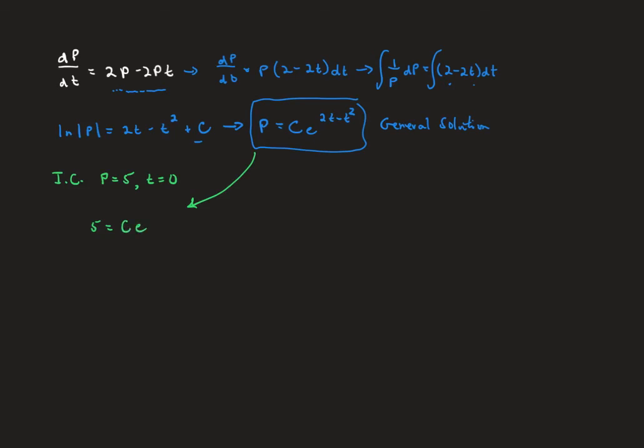We have e to the, and since t is 0, all that stuff becomes 0, which means that c is equal to 5. That means our particular solution to the differential equation with the initial condition is 5e to the 2t minus t squared. We will call this a particular solution. And hopefully that's enough to get you going.